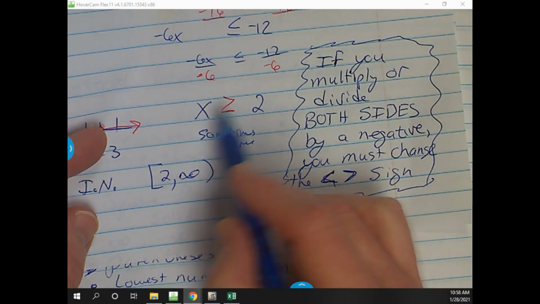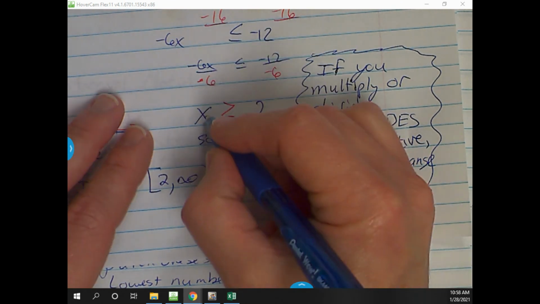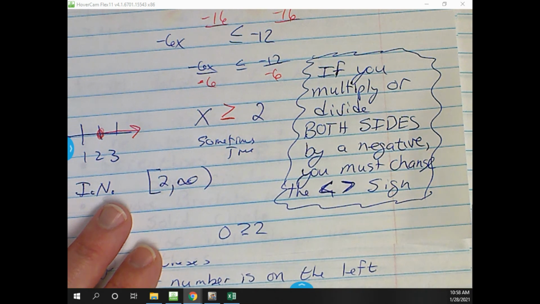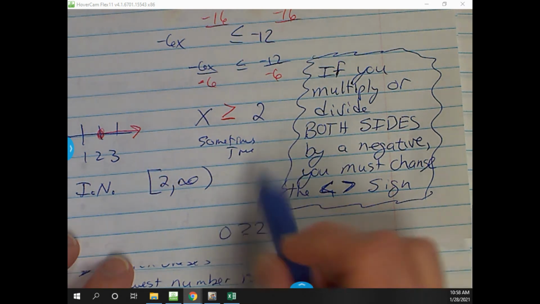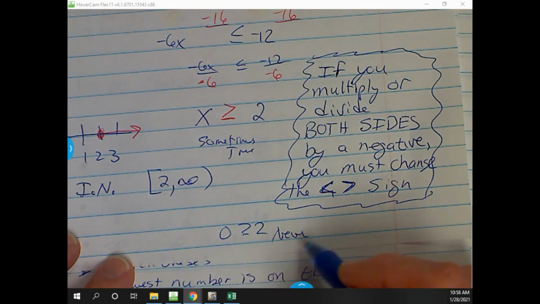So as long as you get x in the answer, then you know it's going to be sometimes true. If we'd gotten to the end here and this had been like 0 is greater than or equal to 2, then that would have been never true. That kind of thing. So you just get to the end, you look at the answer, and again, if you have an x, it's sometimes true. If there is no x, it's either never true or it's always true, just depending on the numbers you've got left over and how they compare.